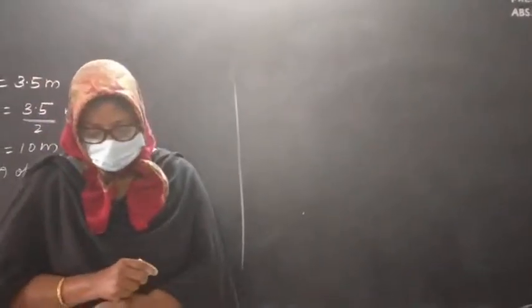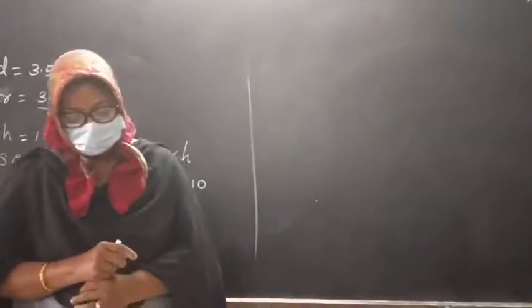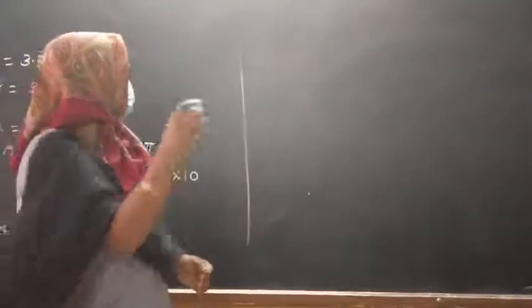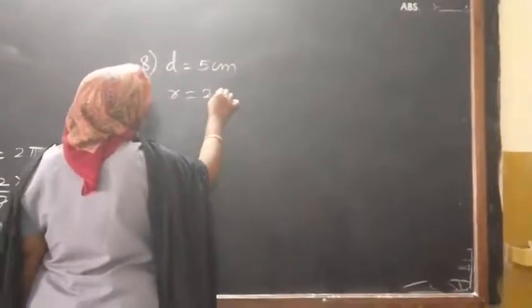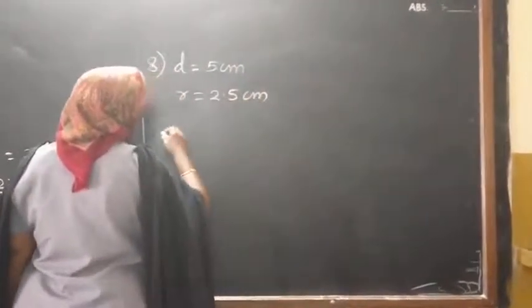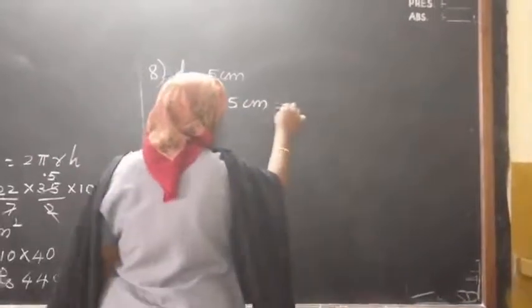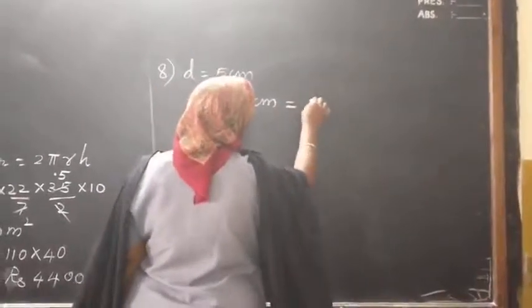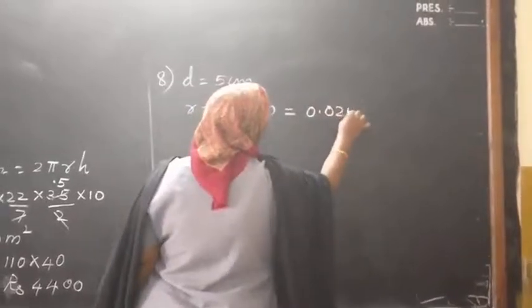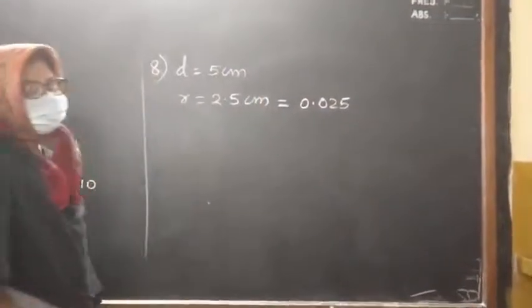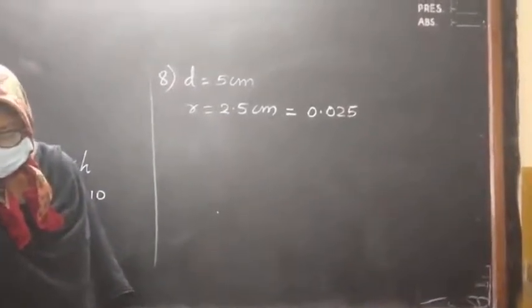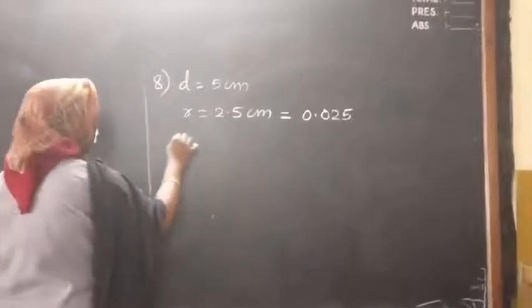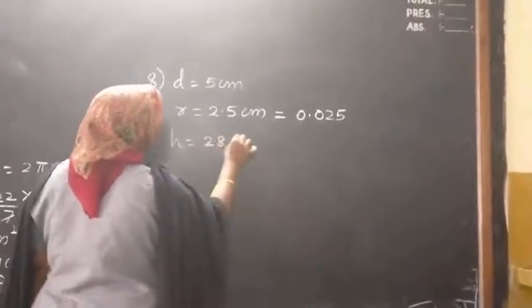The diameter is equal to 5 centimeter, so the radius will be 2.5 centimeter. If you want to convert that one, divide by 100, 0.025. Now the length is equal to 28 meters, so h is equal to 28 meters.